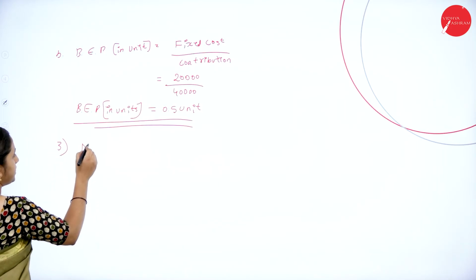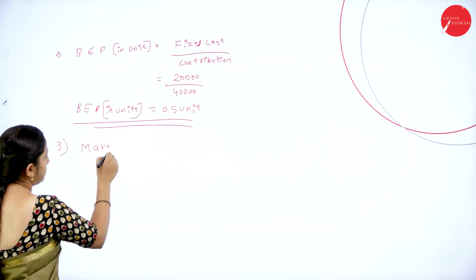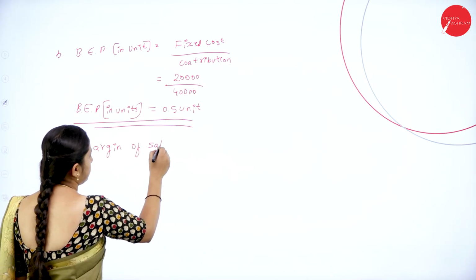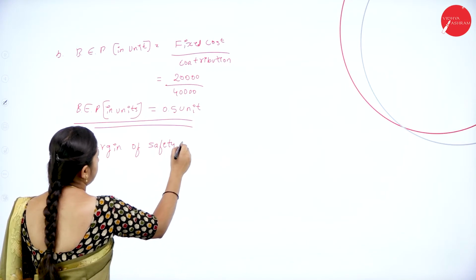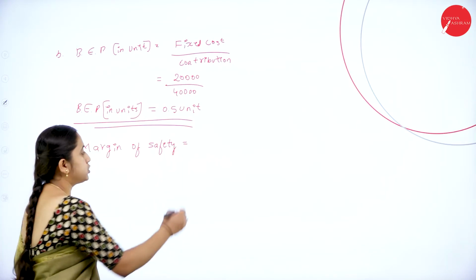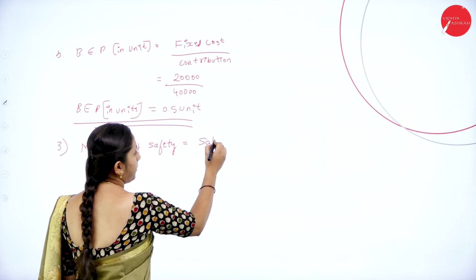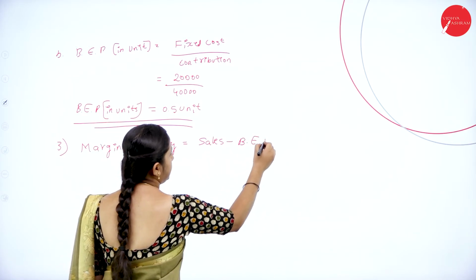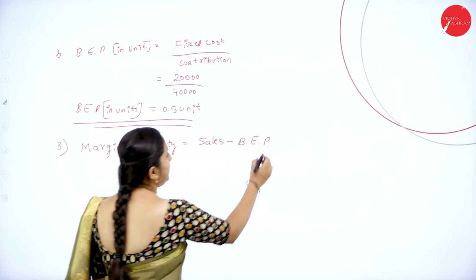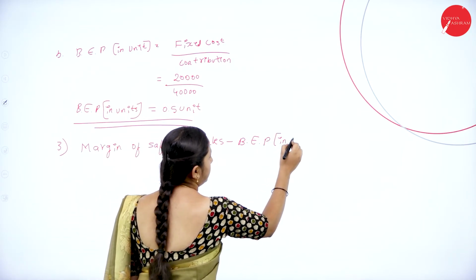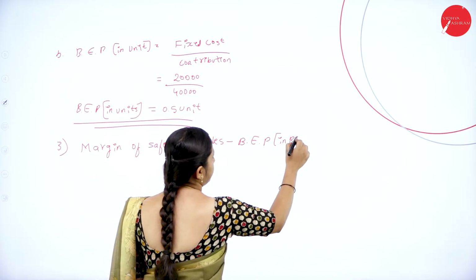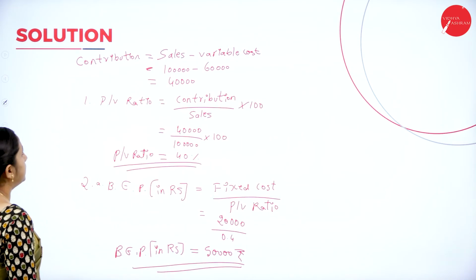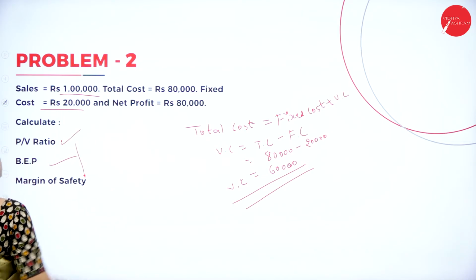Third one, margin of safety is equal to sales minus BEP, that is BEP in rupees. Here sales is 1 lakh.